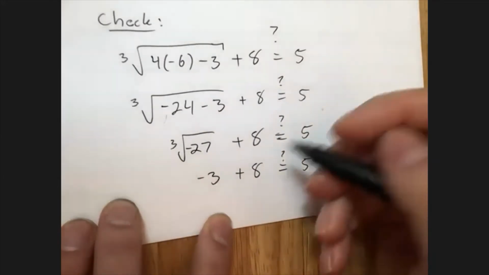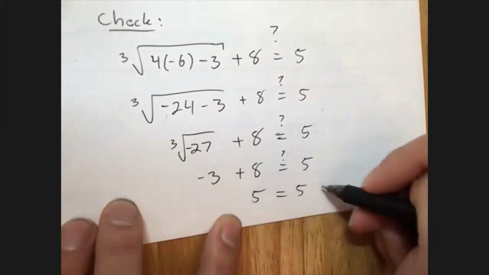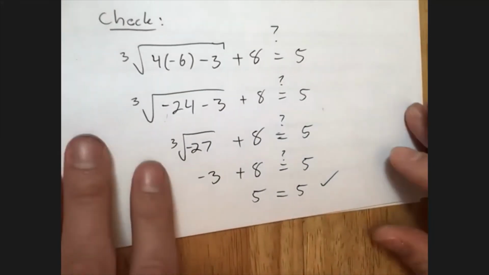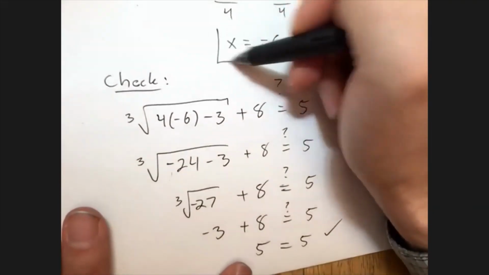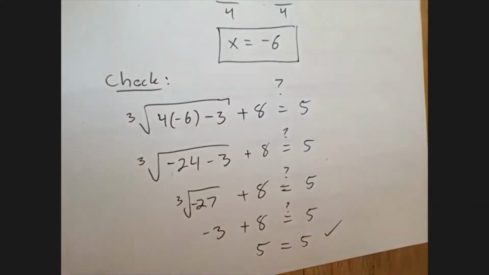And -3 plus 8 is 5. So that checks out. So we can go ahead and say that this is, in fact, our answer. In this case, we only got 1. Notice that sometimes you can get more than one answer, like in the previous problem. Other times you might get 1. Like I said, other times you might get none.